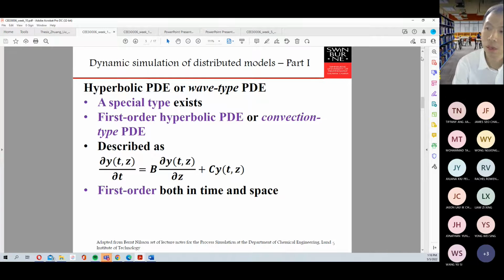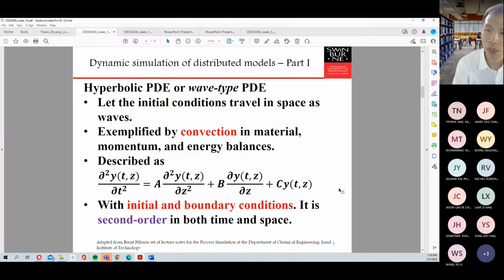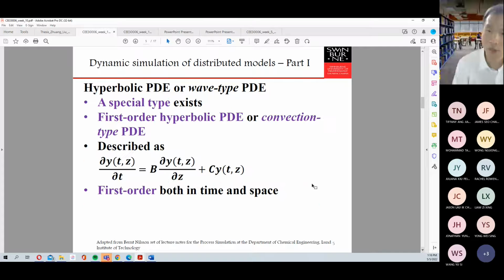We have another one after this hyperbolic PDE or wave type PDE that is classified as a special case of it. That is called the first order hyperbolic PDE or convection type PDE, which is described like this. This one has first order with respect to time and also space.